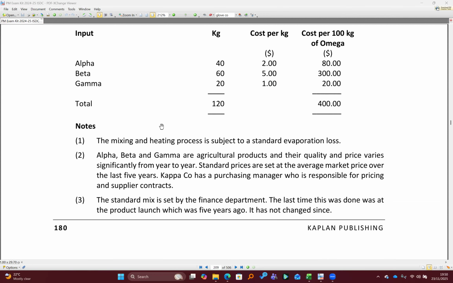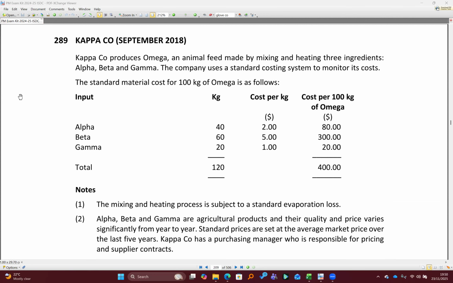When you go to the material, you can see that Kappa produces omega, an animal feed made by mixing and heating three ingredients, alpha, beta, and gamma. And the company uses a standard costing system to monitor its costs. So this is the problem that they may be asking you to talk about, and also how the variances are being mentioned, as we shall see.